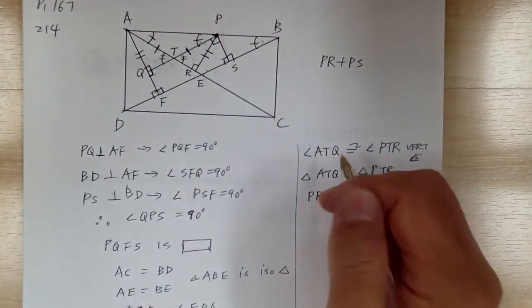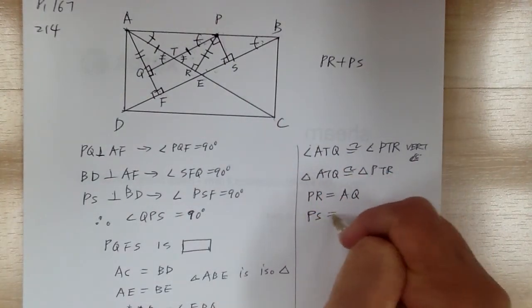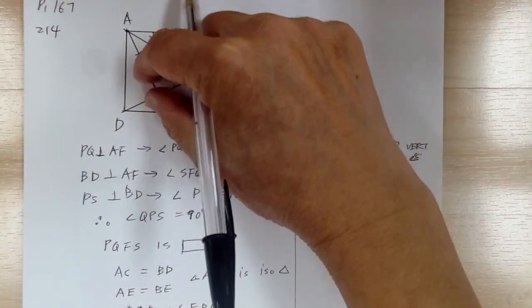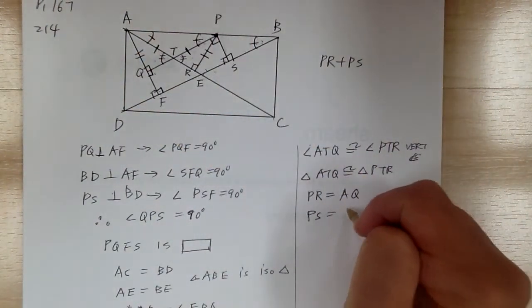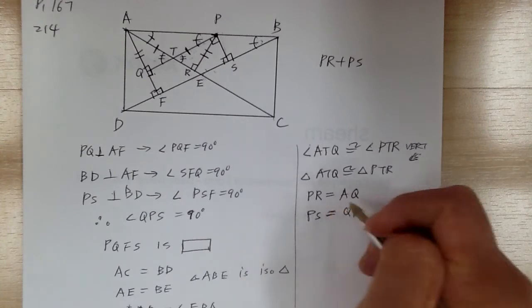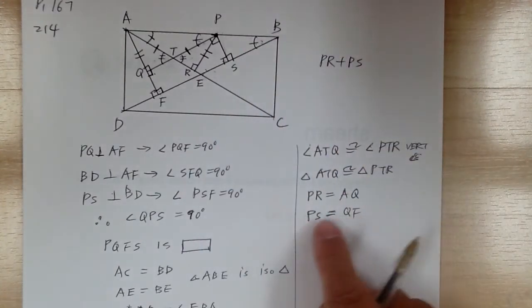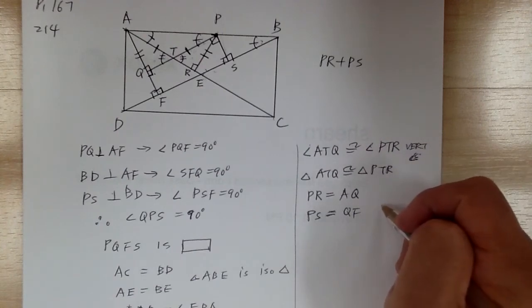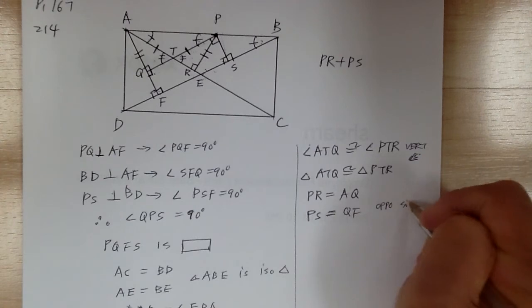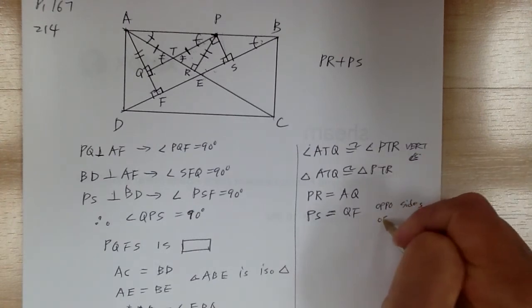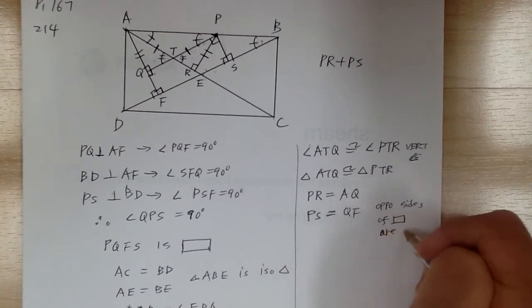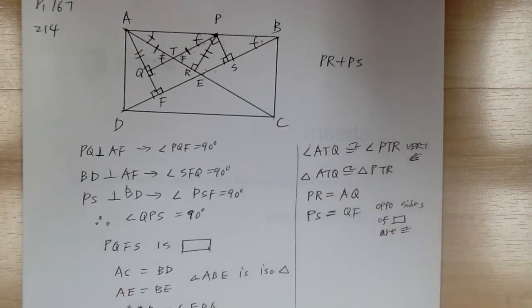The next thing is PS is over here, and since it's a rectangle, you just slide these things down. So PS will equal QF, because the opposite sides of a rectangle are congruent, or equal. Okay, so opposite sides of a rectangle are equal, right? They're congruent.